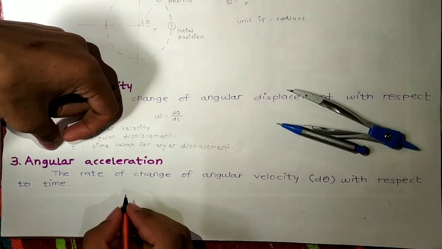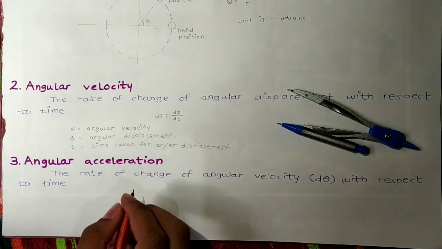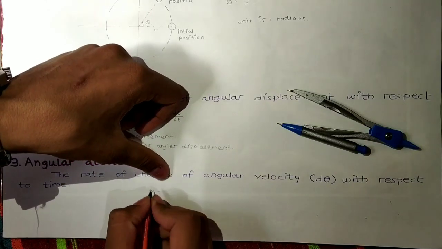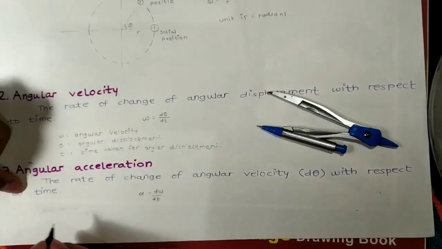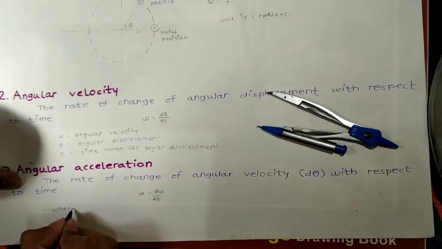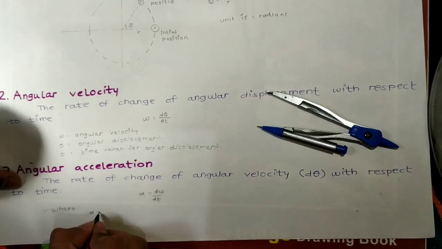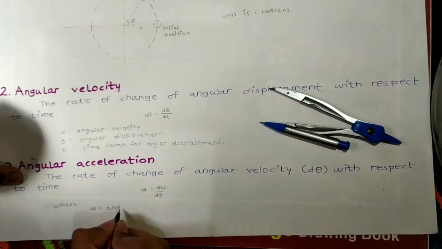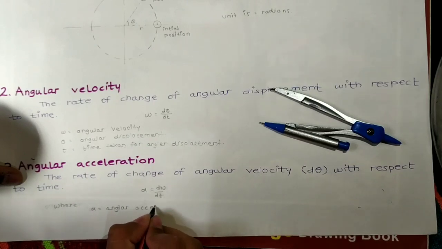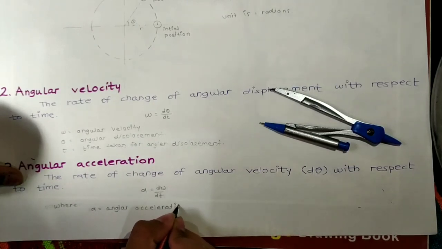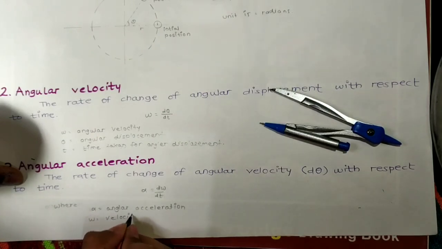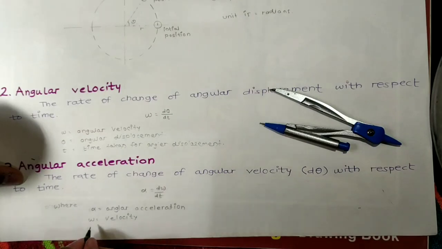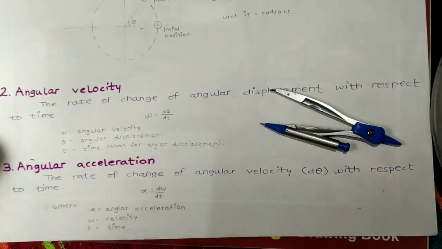For angular acceleration, the formula is alpha is equal to d omega upon dt, where alpha is angular acceleration, omega means angular velocity, and t is time.